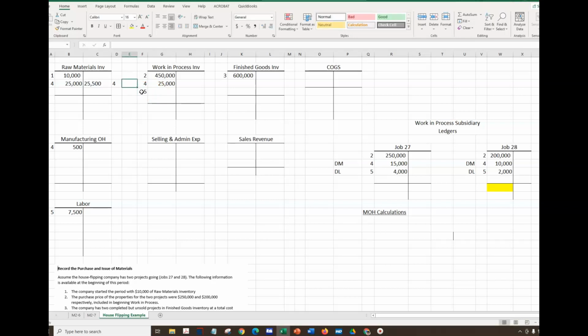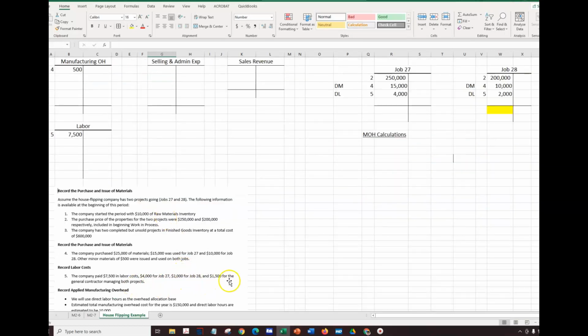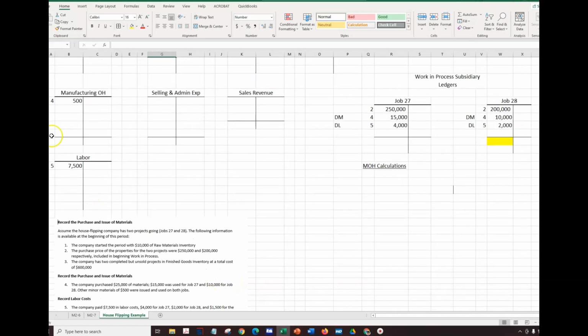So this was direct materials, this is direct labor. That total here is 4,000 plus 2,000 or 6,000. But there was another little piece here: 1,500 for the general contractor managing both projects. So we have some indirect labor as well that goes to overhead, 1,500.